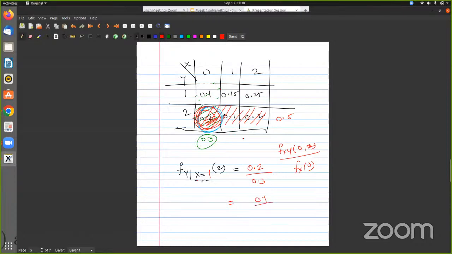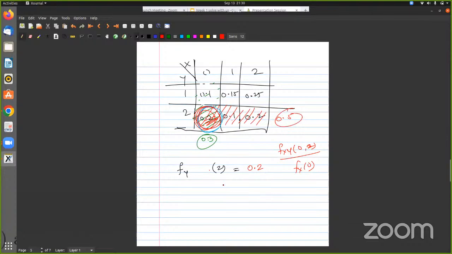If it is only f_Y of 2, what does this mean? It is the marginal of y, 0.5. So this is the marginal, right?